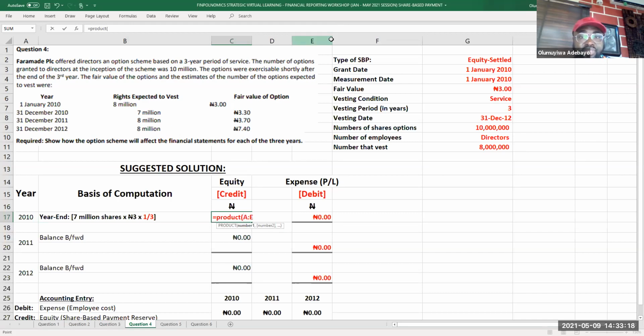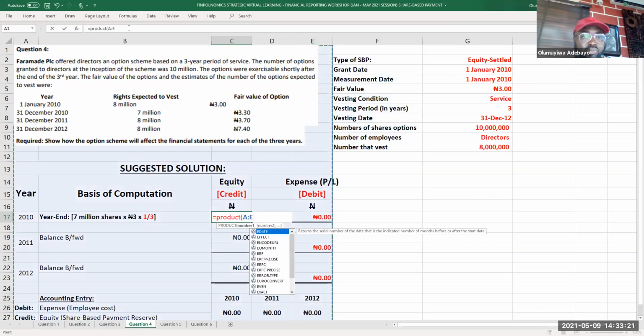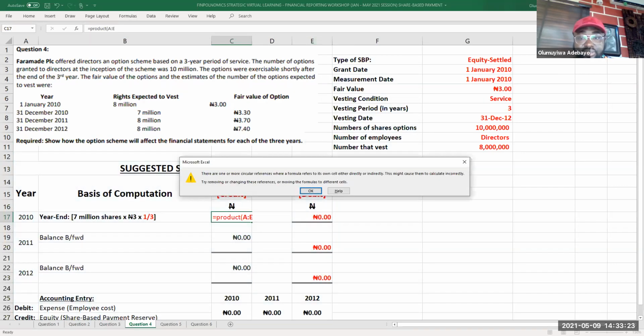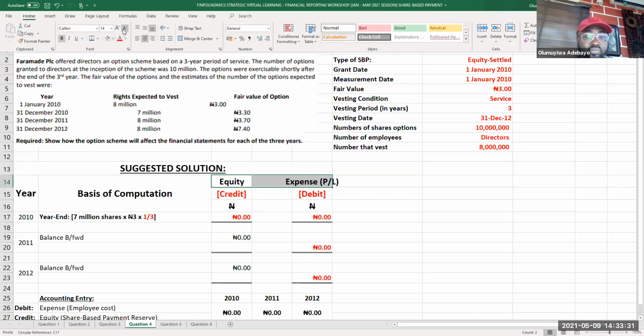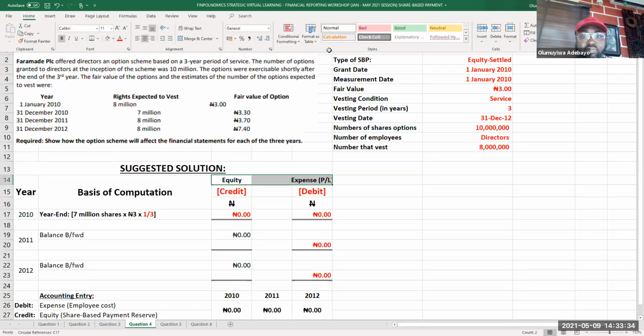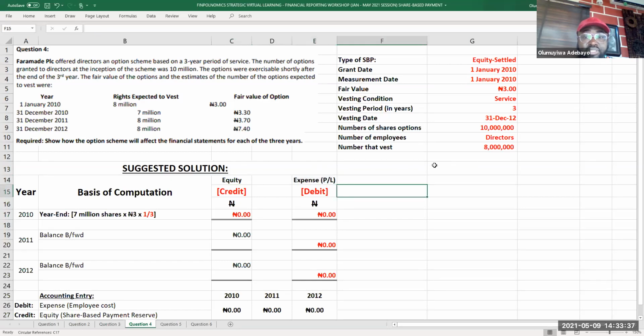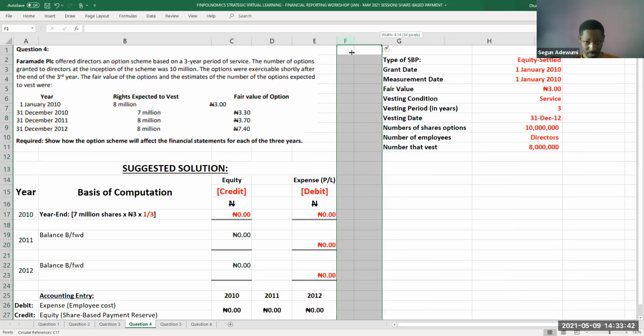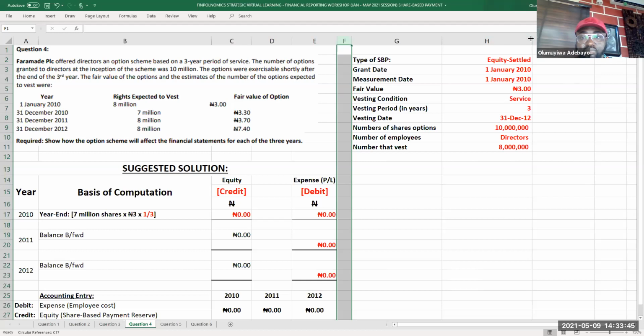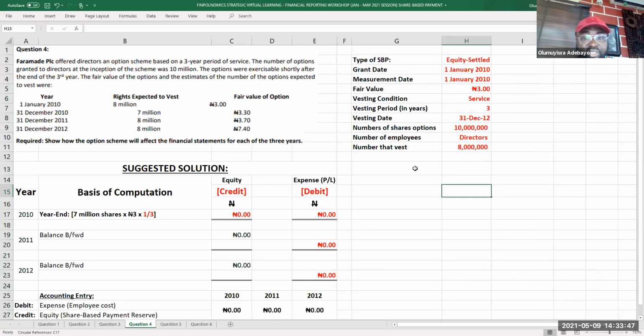I want to put it somewhere here. Let me create something here: the number of rights expected to vest.